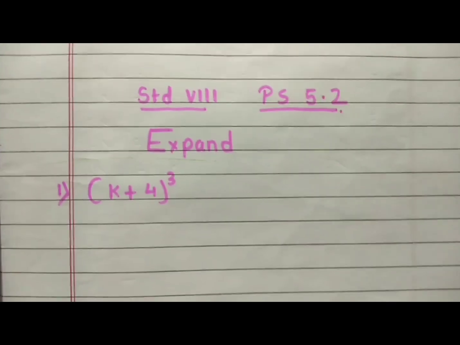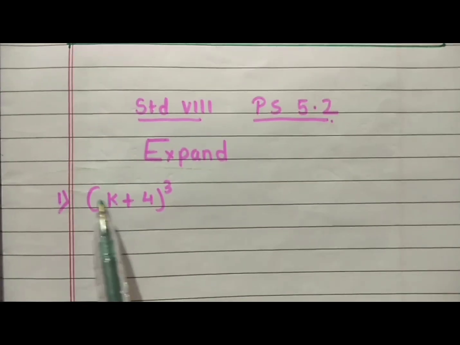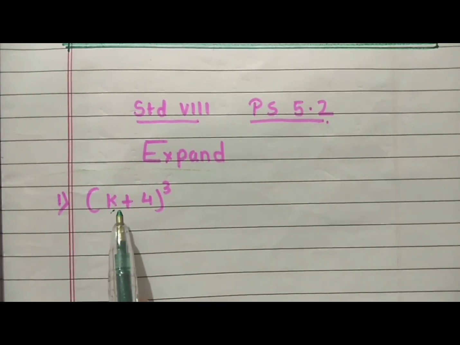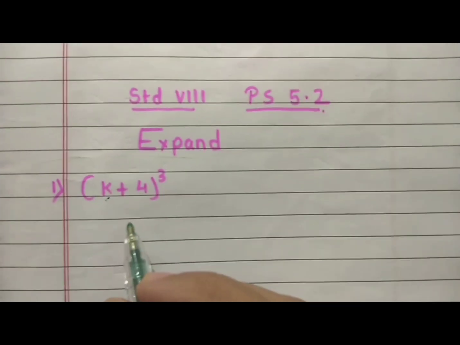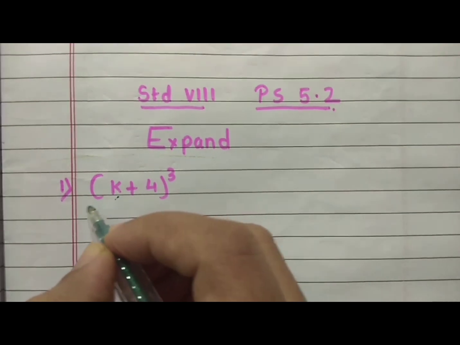Based on the expansion formula, we'll be solving these sums, that is (k + 4)³. In order to solve this sum, first we'll write down the formula.